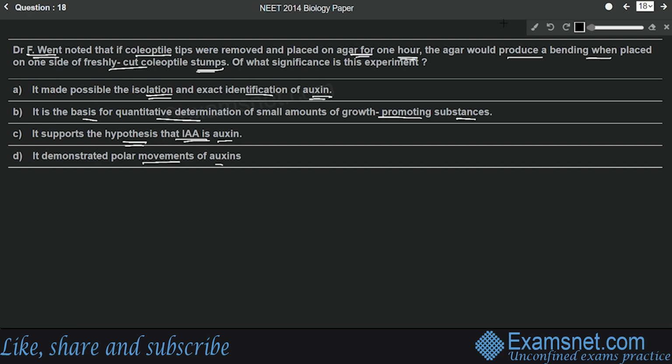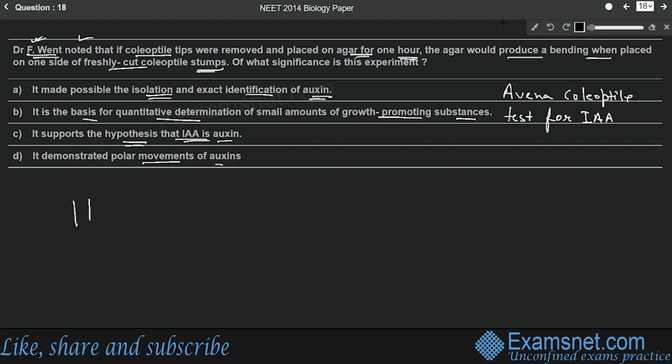Out of the various bioassays related to auxins, one of the bioassays was performed by Dr. F. Went, and that was known as the Avena coleoptile test. It was done for indole 3-acetic acid, that is IAA. Now in this, the tip of the Avena was removed.